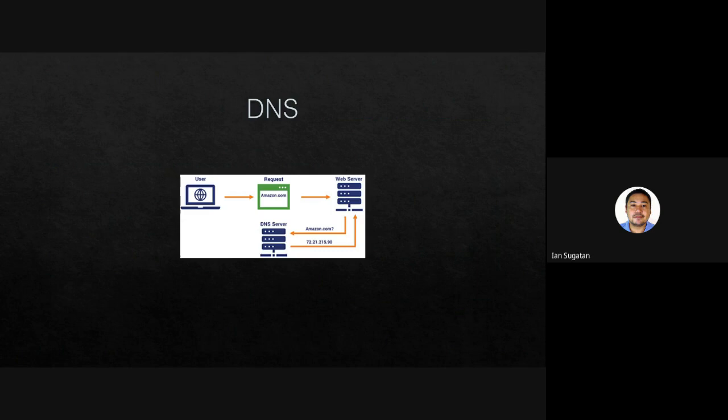So for DNS, DNS stands for Domain Name System and is the hierarchical and decentralized naming system used to identify computers, services, and other resources reachable through the internet or other internet protocol networks. The resource records contained in the DNS associate domain names with other forms of information.